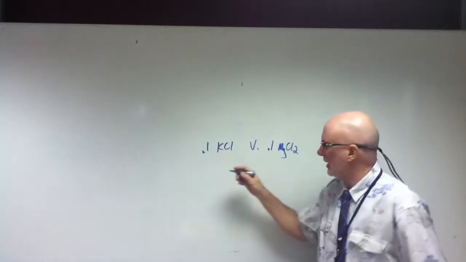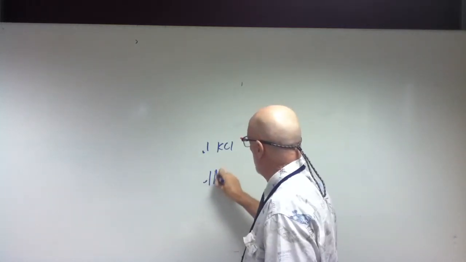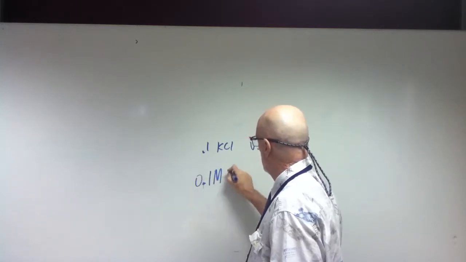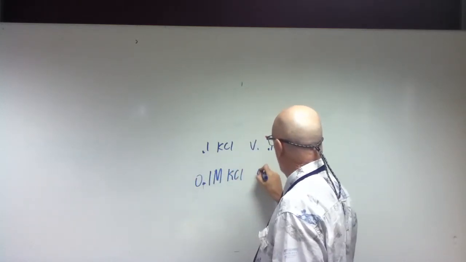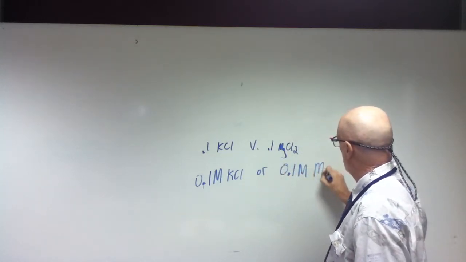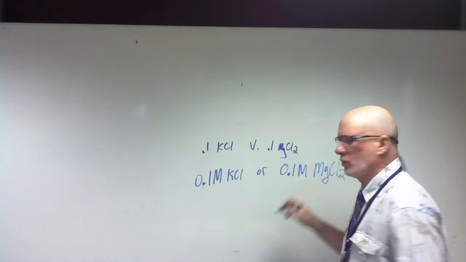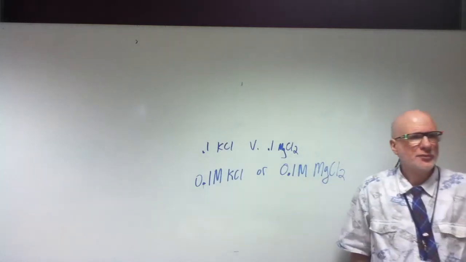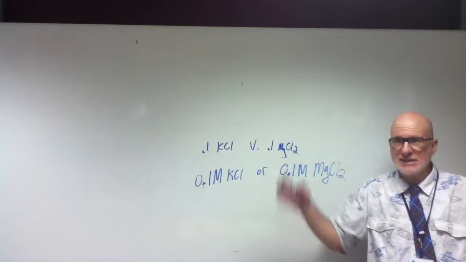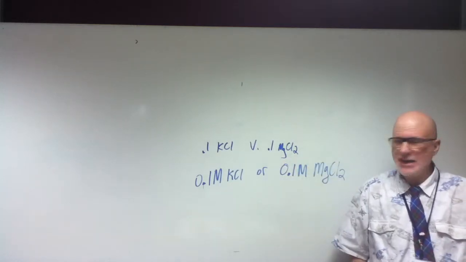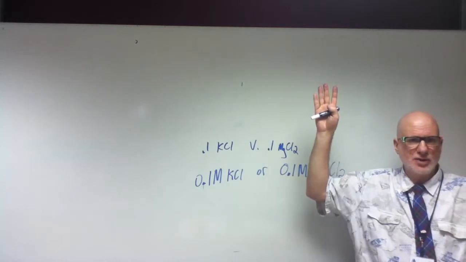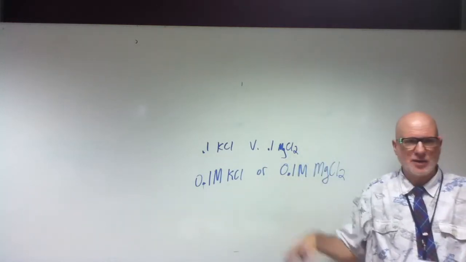Same molarity. 0.1 molar potassium chloride or 0.1 molar magnesium chloride. Which one's going to be higher? Same? Could be. Well, who says same? Raise your hand. All right, who says potassium chloride? Raise your hand. All right, we have 2 votes on potassium. How about magnesium chloride? Raise your hand.